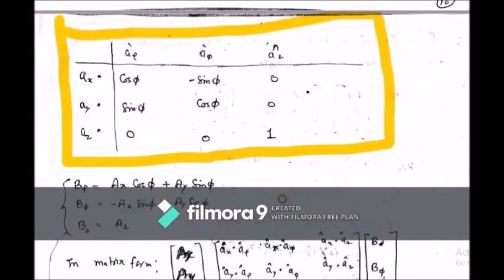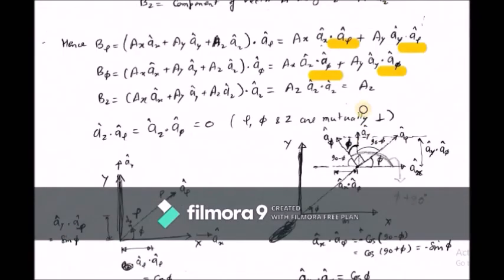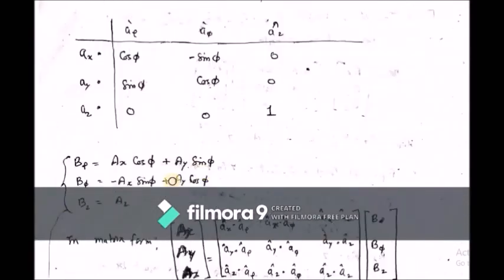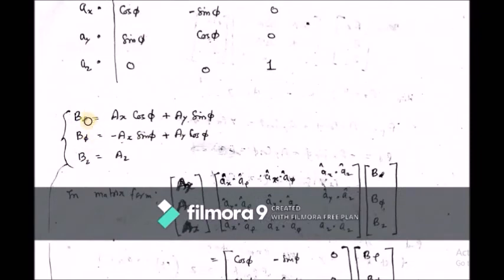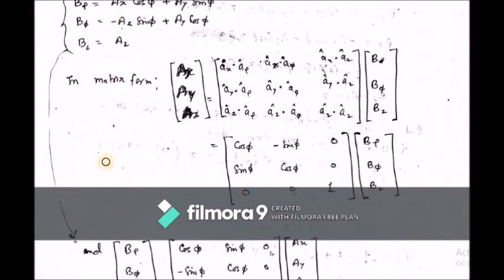So what I got, substituting the values of these dot products, I will be provided with b rho like ax cos phi plus ay sin phi, b phi will be minus ax sin phi plus ay cos phi, bz will be az, and I can write this in matrix format also.